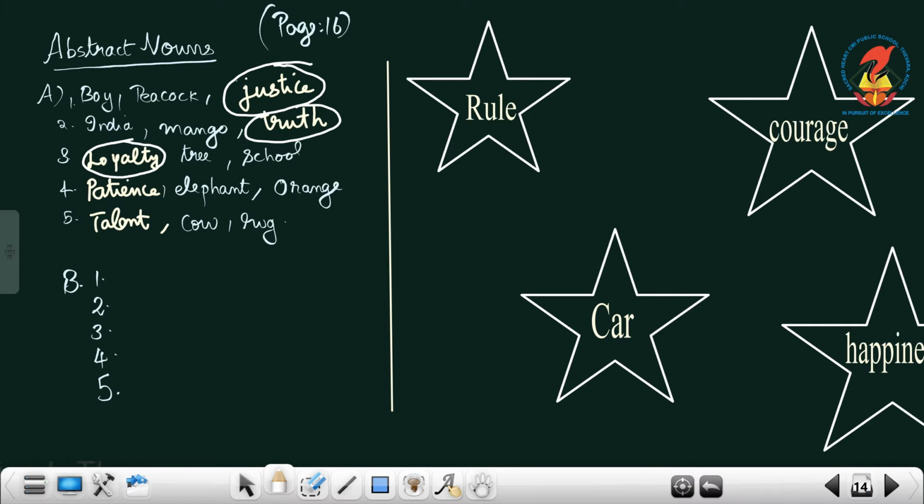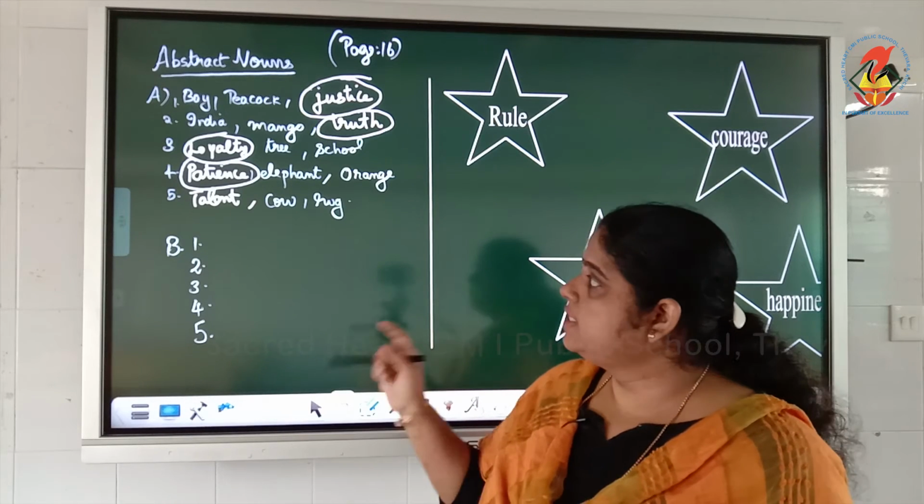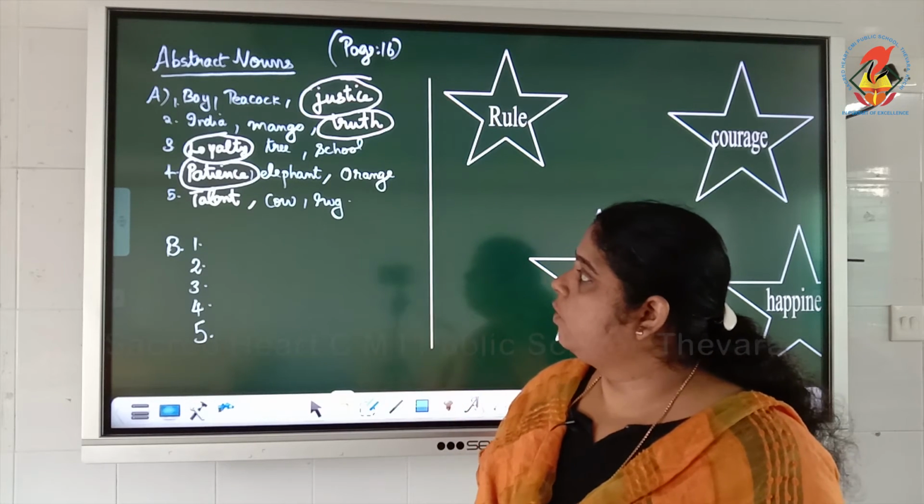Loyalty cannot be seen. Fourth one, patience, elephant, orange. Yes, elephant and orange can be touched and seen. You can touch and say this is elephant, this is orange, but patience you cannot touch and tell this is patience. So that is abstract noun.